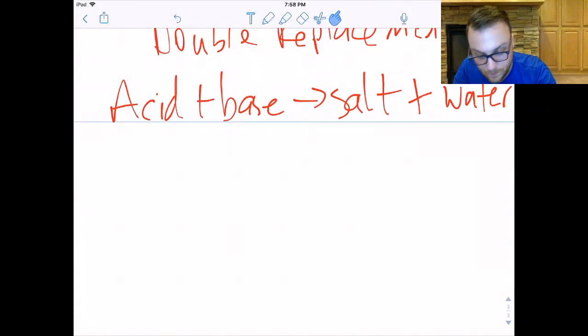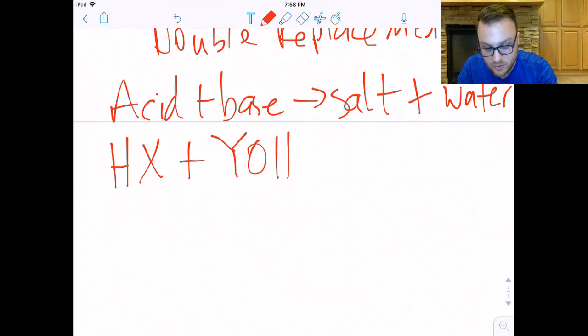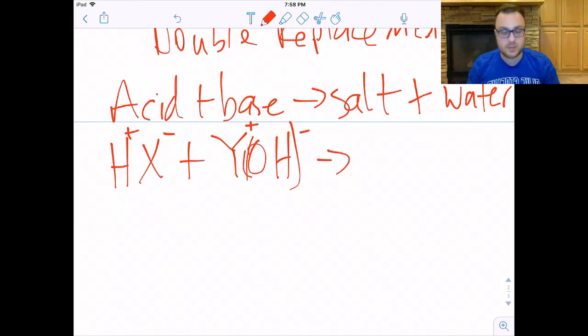So, for example, if you take any generic acid, HX, plus any generic base, I'll do Y with OH. So here the Y is positive, the OH is negative. In here the H is positive and the X is negative. You get a double replacement reaction, where the two positive ones just swap with each other, or the two negative ones swap with each other.